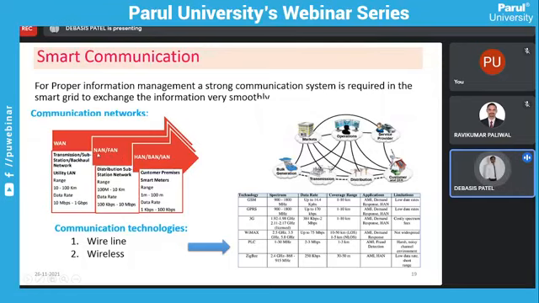NAN is a neighborhood area network, present in the distribution system, to communicate between the different distributions and between our renewable energies. The networks that provide this communication are called NAN and FAN. FAN is also the field area network, right? Field area network, neighborhood area network, industrial network, building area network. So many of them are in the distribution area.